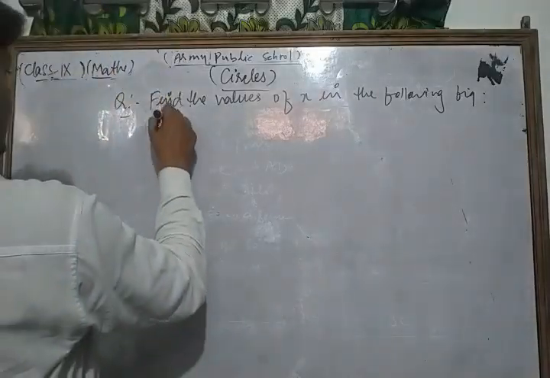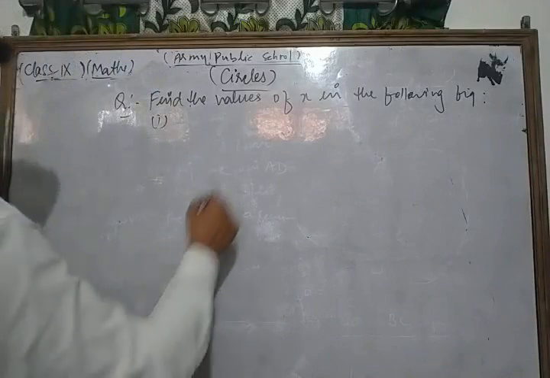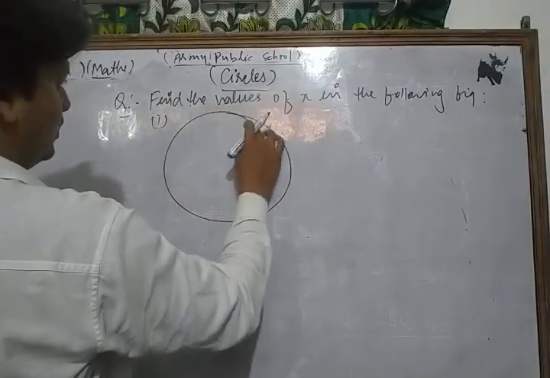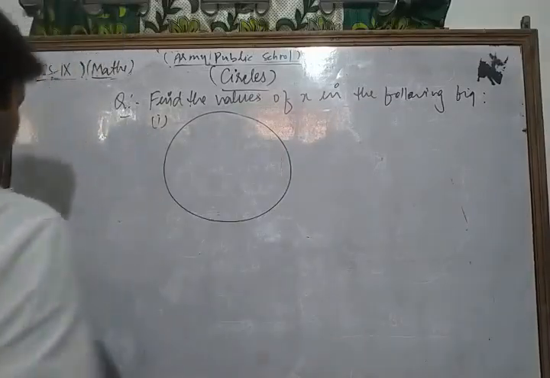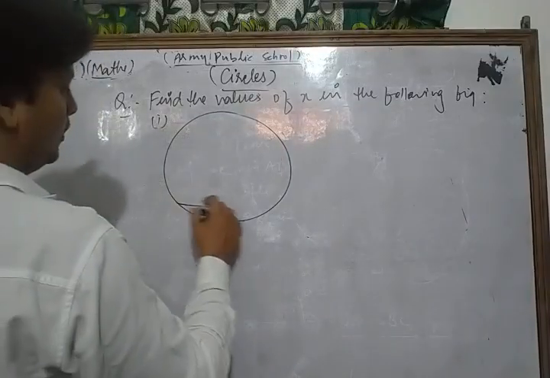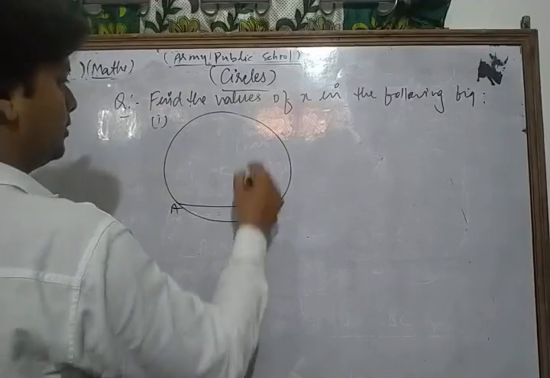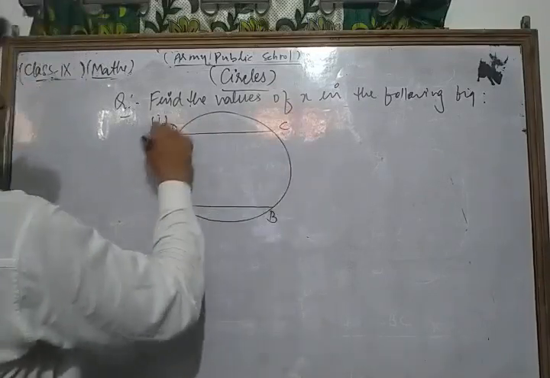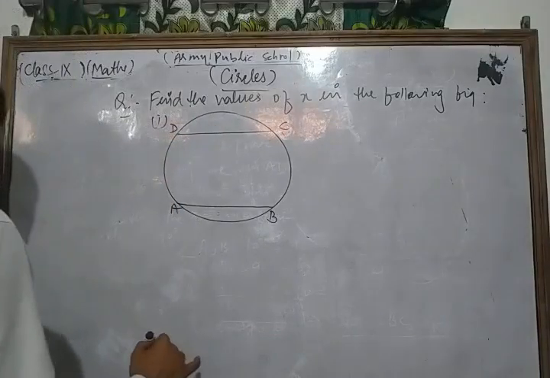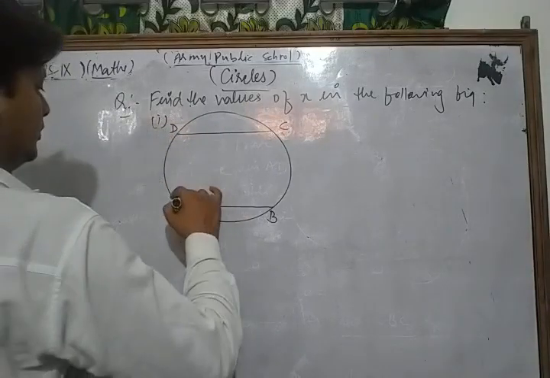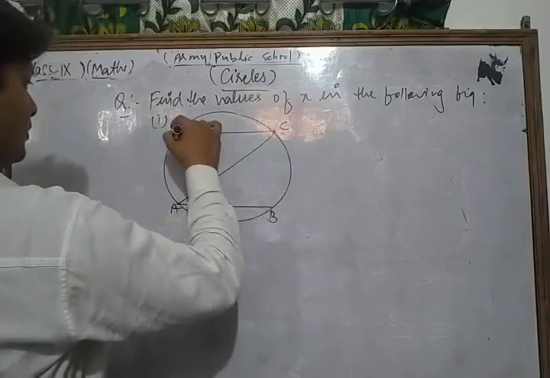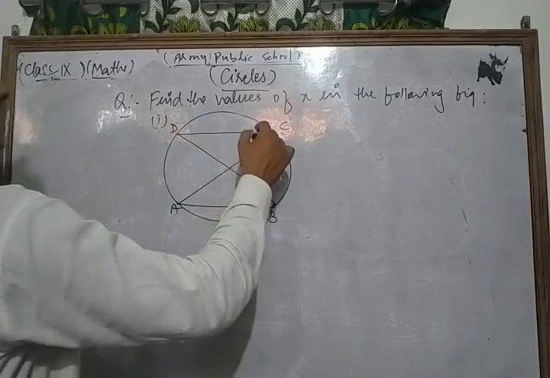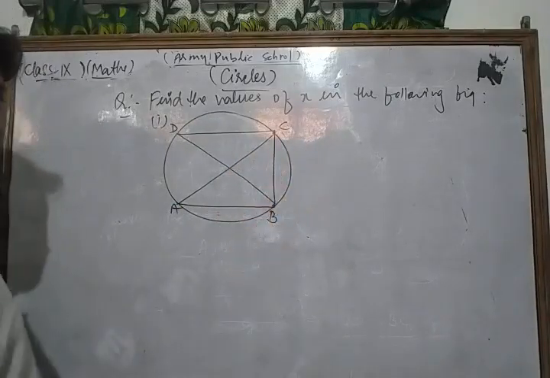The first figure is a circle with points A, B, C, D. Join AC and BD and BC also.